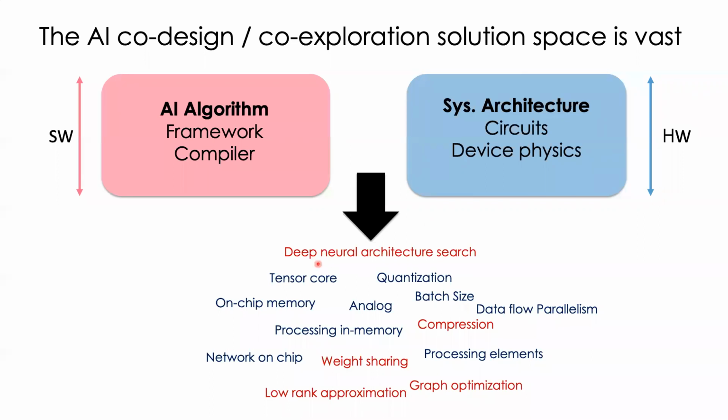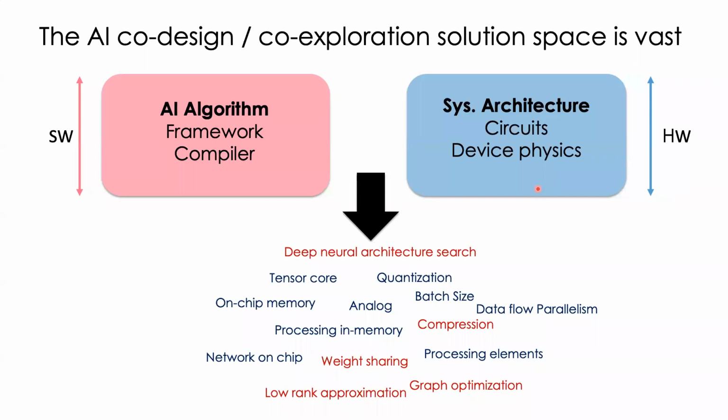However, if you can constrain yourself to certain parts of the search space, so in this case, we are going to constrain ourselves to essentially looking at the AI algorithm as well as the system architecture, assuming that we are still using current generation circuits and device physics. We are not looking for a material that is far out there and not being used as an industry standard currently.